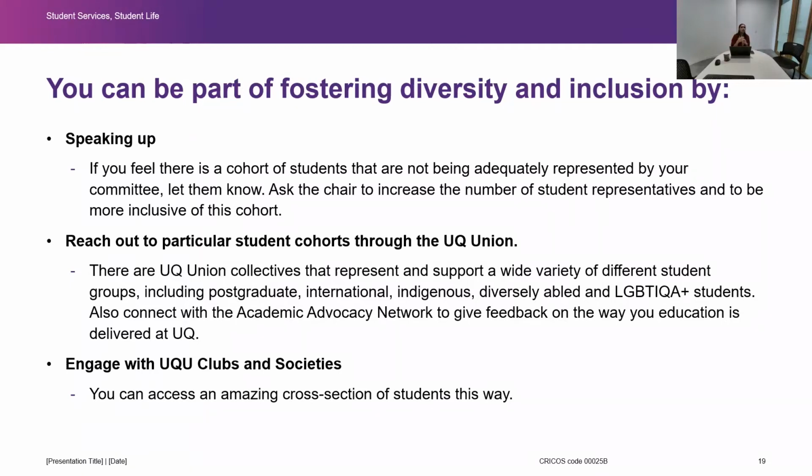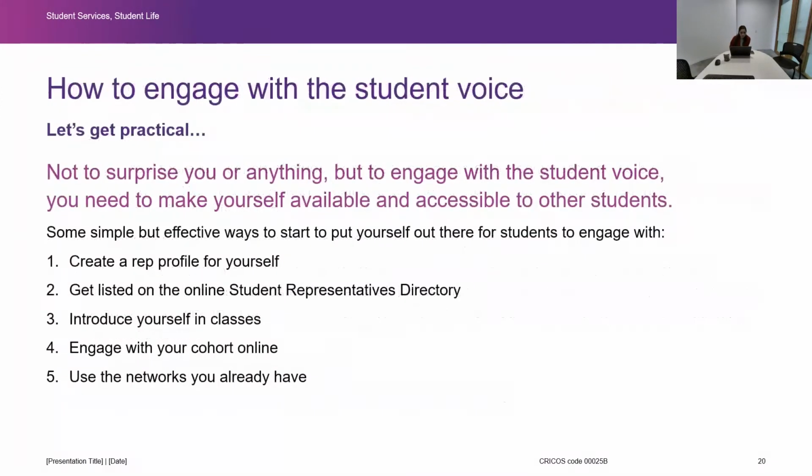As I just mentioned before, reach out to the union, reach out to the collectives and the advocacy networks, and engage with clubs and societies. So those are 3 things I just wanted to pull out as really easy, actionable, accessible items that you could possibly do to make sure that you're getting that authentic representation by fostering diversity and inclusion.